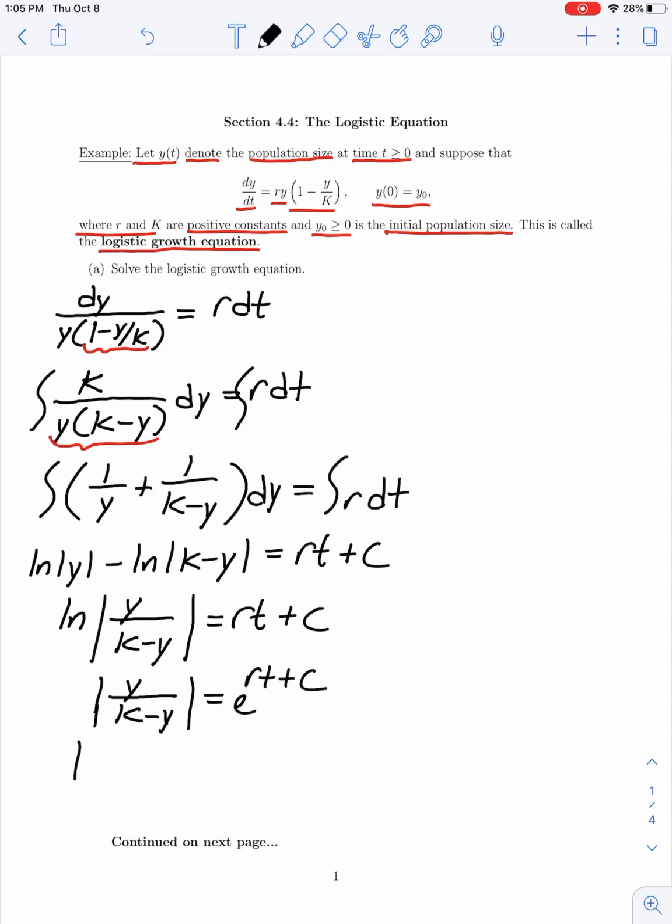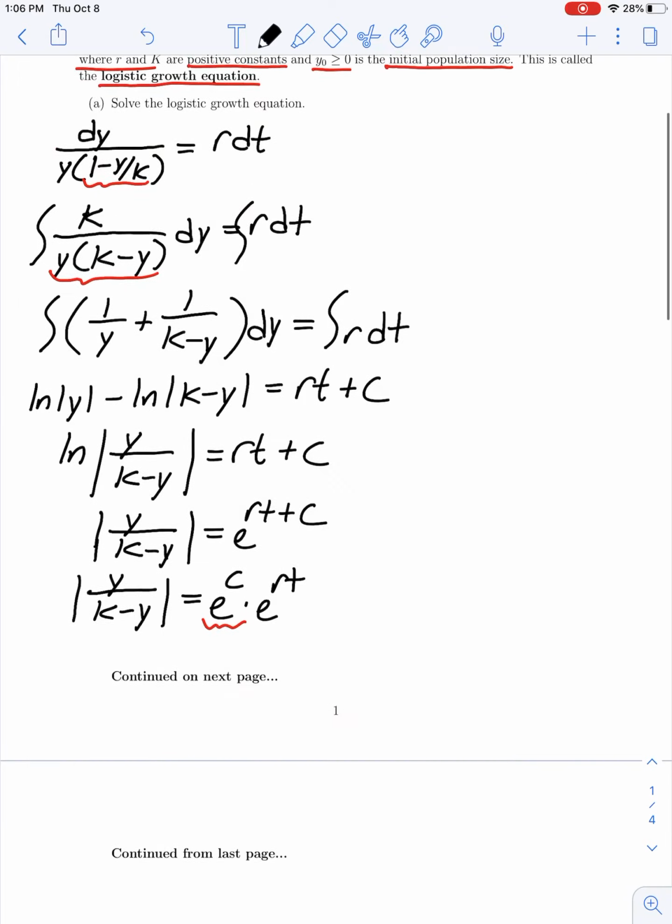Or using properties of exponentials, I can rewrite this as e to the c times e to the rt power, where this exponential e to the c is a new arbitrary constant, so let's just call it c.